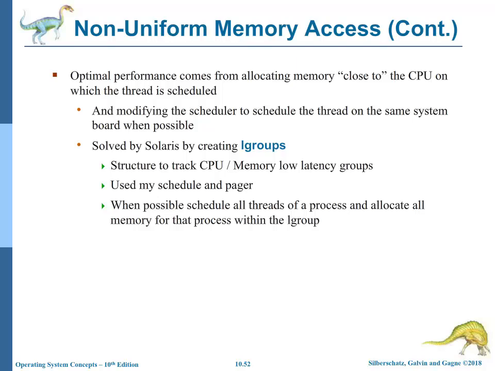Linux and Solaris are examples of operating systems that have approaches to solving this kind of problem. They have hierarchies of CPU and memory. Linux has scheduling domains and Solaris has lgroups.